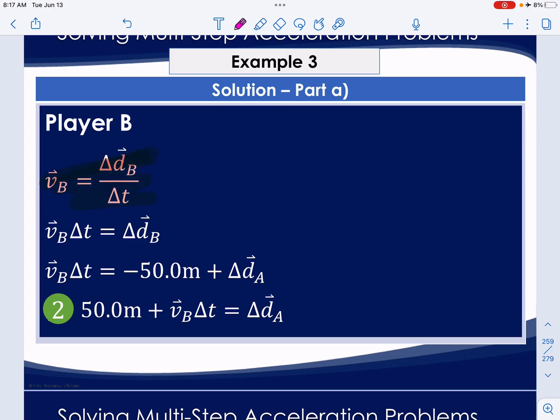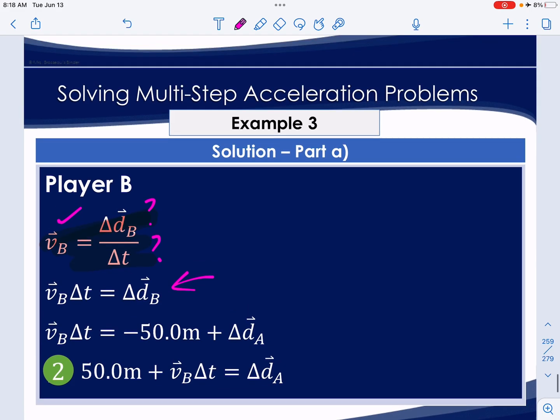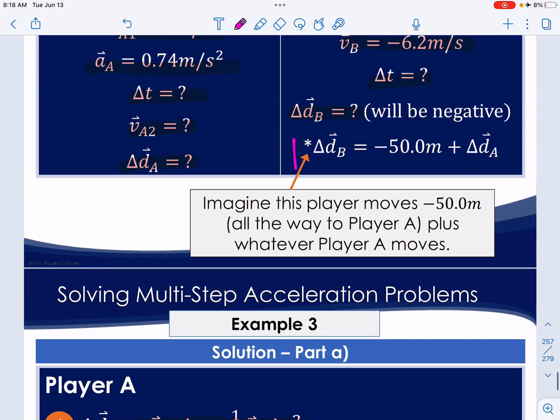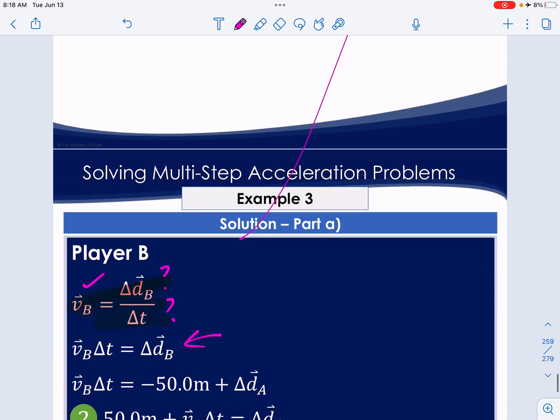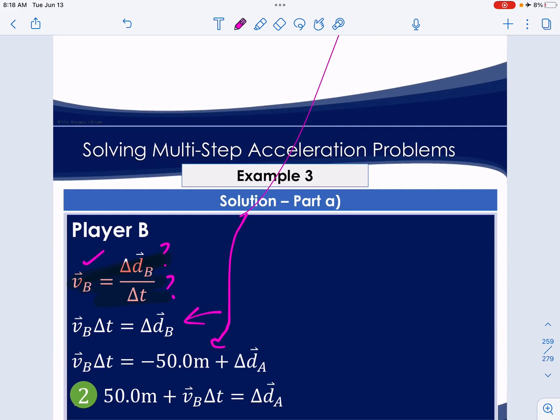And we know this, and these are our unknowns. We can rearrange to solve for dB. We put this into our dB equation, because remember, we're using this equation here, and we're moving this all the way down to here. So we substituted it to get this.